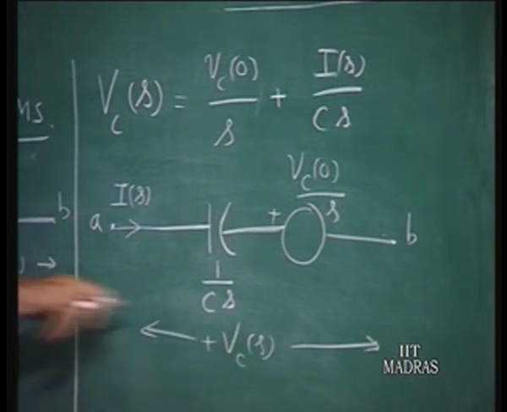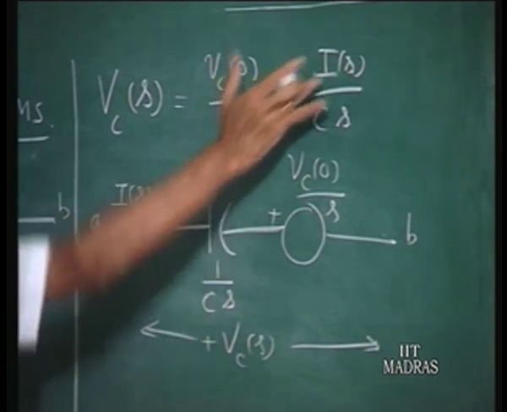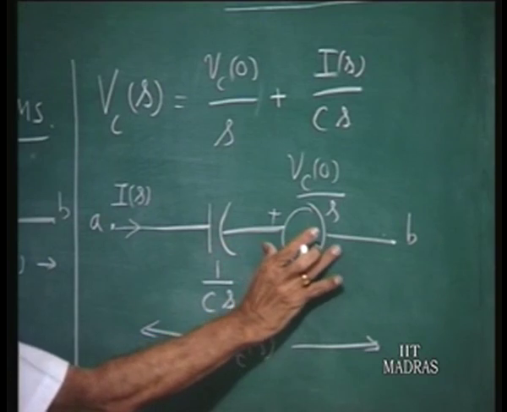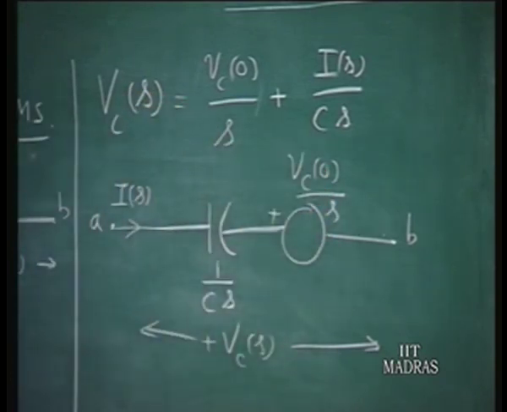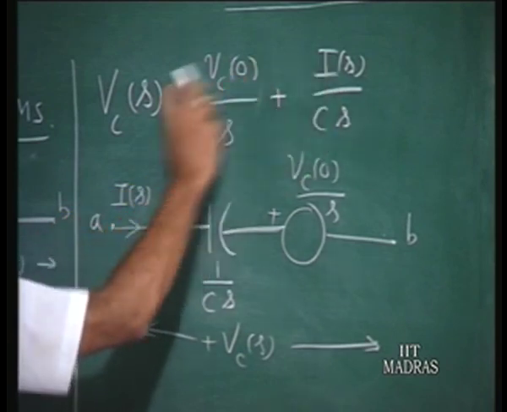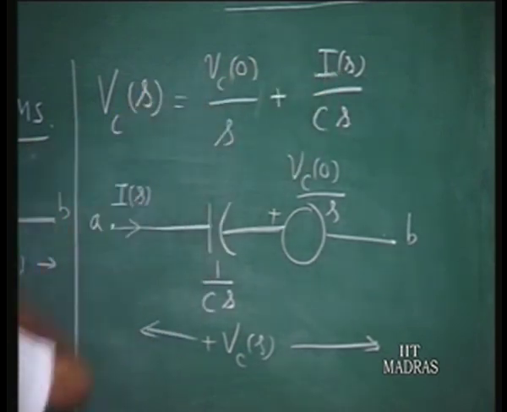So I(s) passing through 1 over Cs develops a voltage I(s) over Cs. In addition, we have a voltage source Vc(0) over s, which together constitute the capacitor voltage in the transform diagram. We can express the current in the capacitor in terms of the voltage.